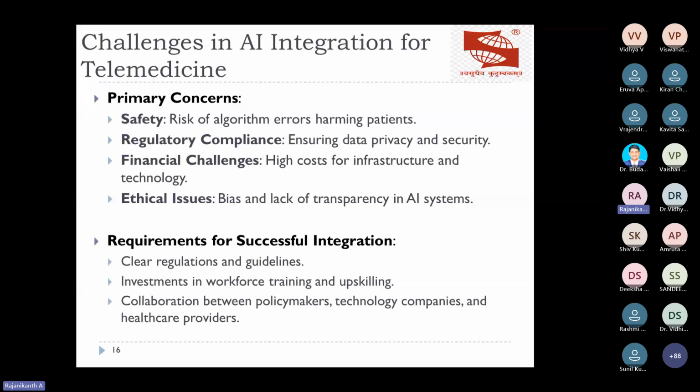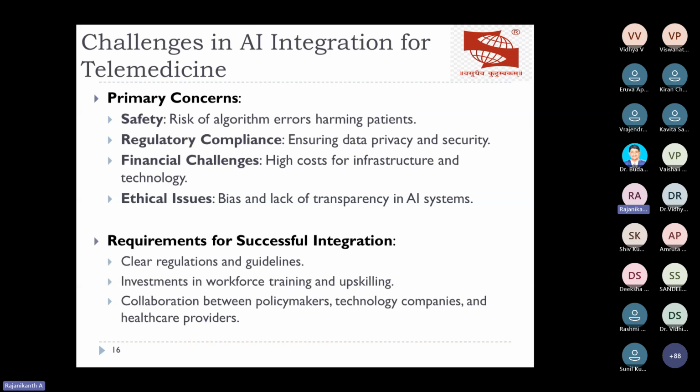So we already discussed the challenges of integration. One is safety, the risk of algorithm errors harming patients. I'll give an example. These days we are talking about robotic surgeries. Robotic surgery is where a robot is remotely controlled, or sometimes a robot autonomously does a surgery.